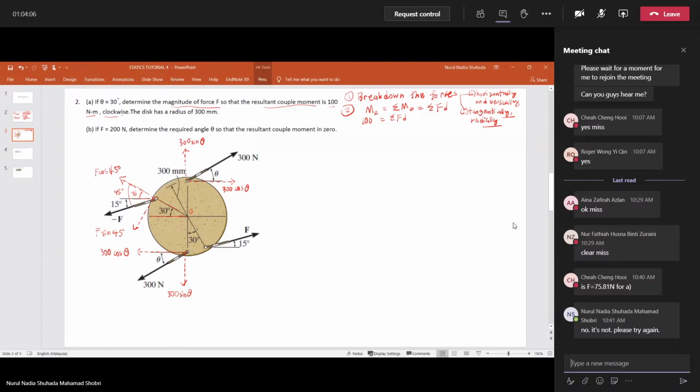Okay, now we have to break down the force here. We already have a line here, so you can just continue the line so that we have the radial force to the point O, and here the tangent to the line.